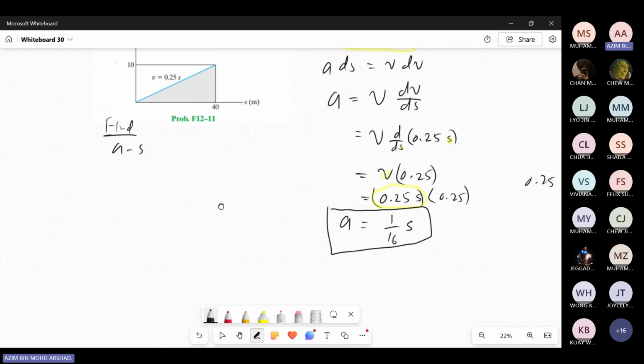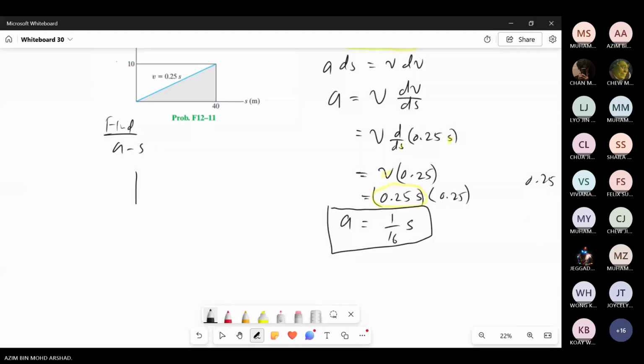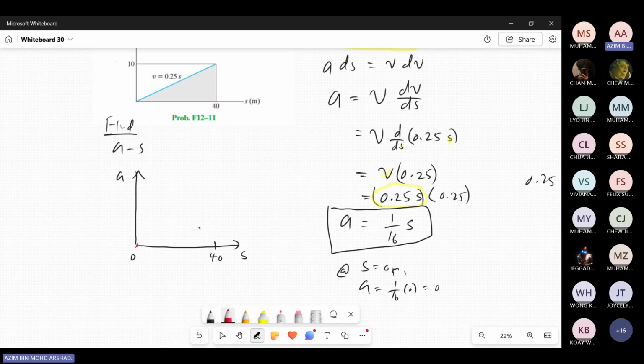So now if we draw this, this is a, this is s, from 0 to 40. From this equation, at s equals 0 meter, a equals 1 over 16 times 0, which equals 0. So this is the first point. Don't forget the unit, meter per second squared.